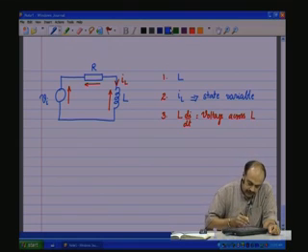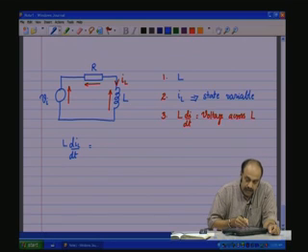So, applying this third condition, we have L dIL by dt equals. Now, what is the voltage across the inductor? One end is ground here, the circuit ground.